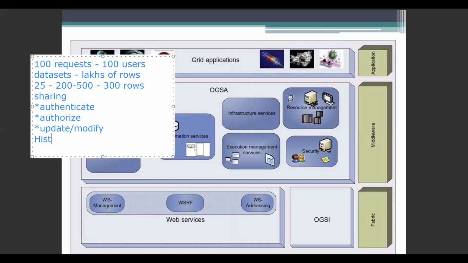If we don't have this history of processing, whoever made changes to that resource will not be identified.